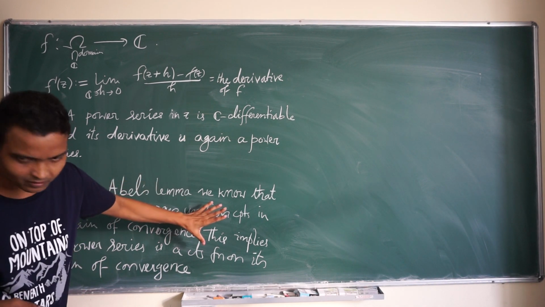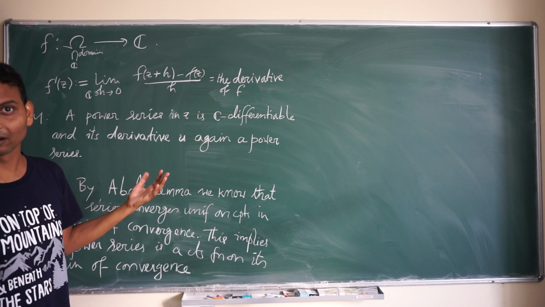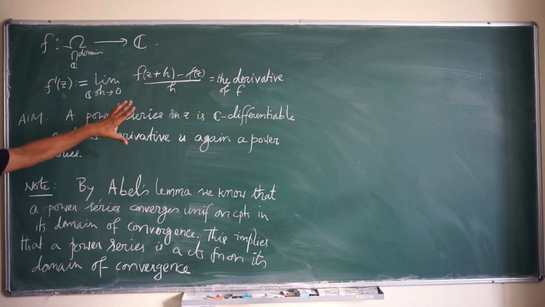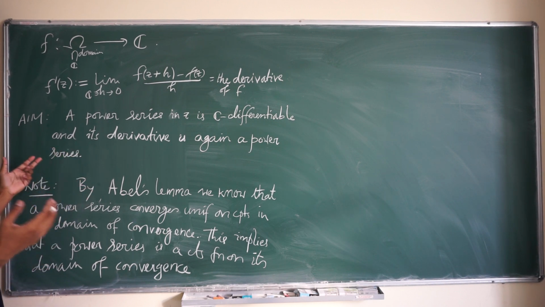So once this is set, you can talk about the next level, whether it is differentiable. And there, our aim is to prove that a power series in Z is C differentiable and its derivative is again a power series.